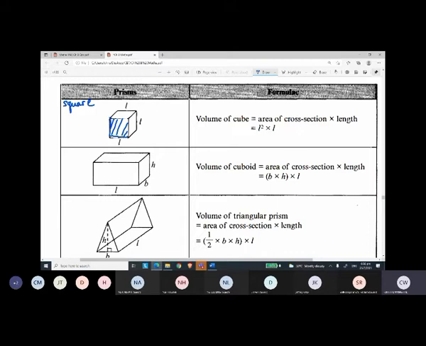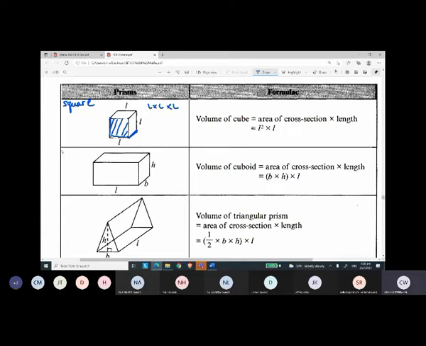That is the area. After you calculate the length and breadth, all you need to do is times the line that is joining the front and the back, that join together by that particular length. So this is the length. In this case, the volume is actually length times breadth times the length. It's just like L times L times L, right? So this is straightforward.